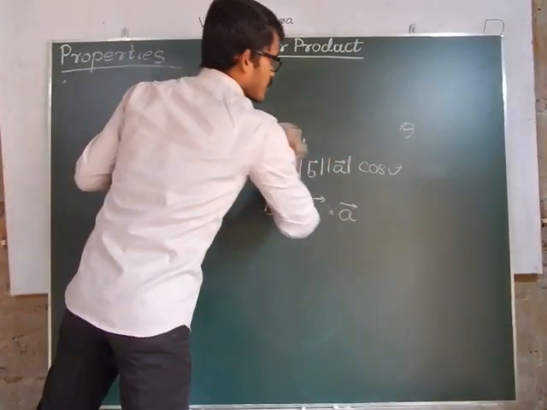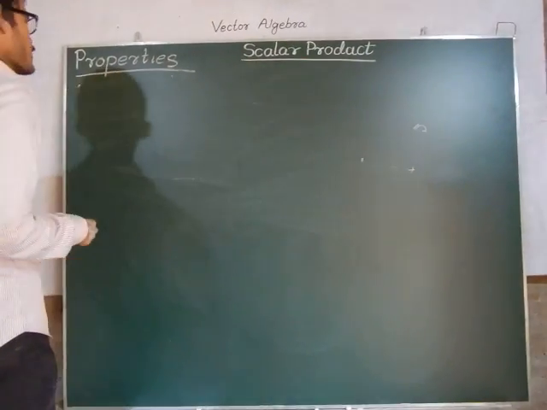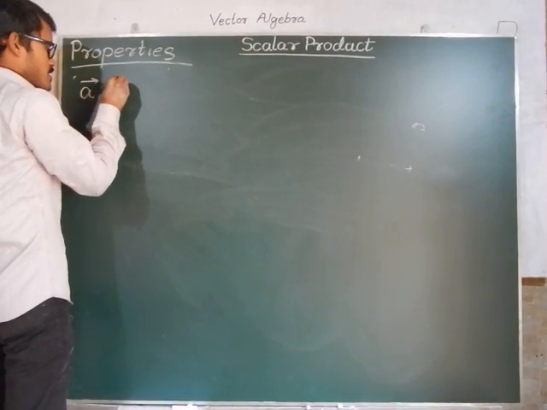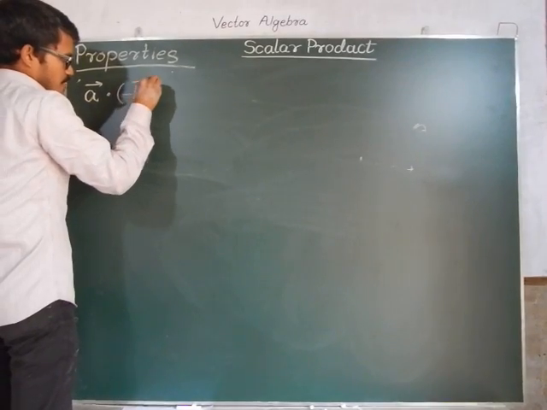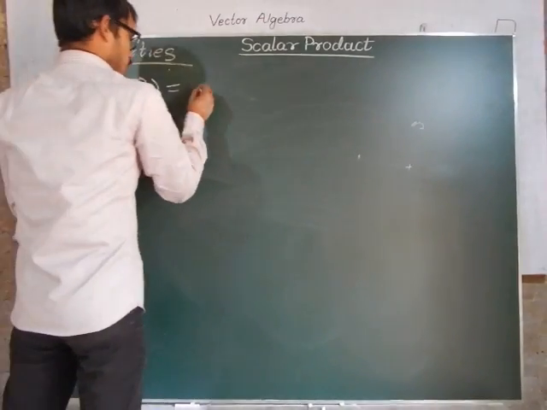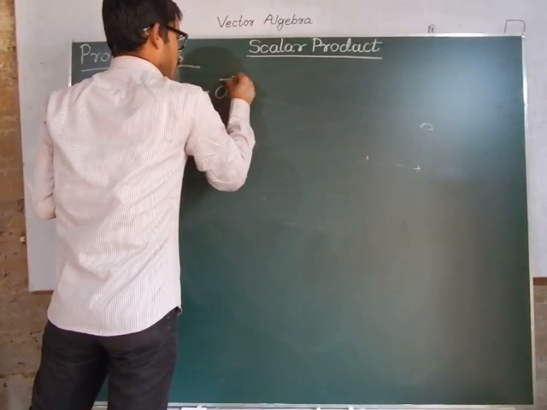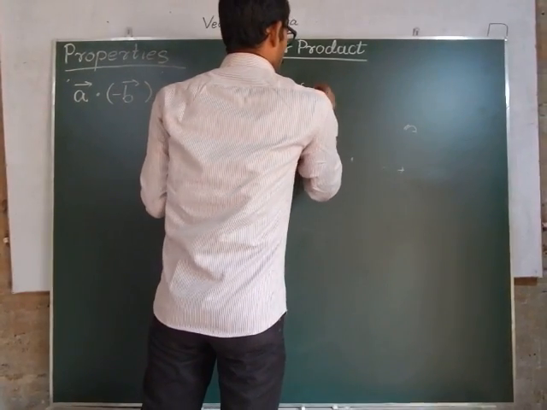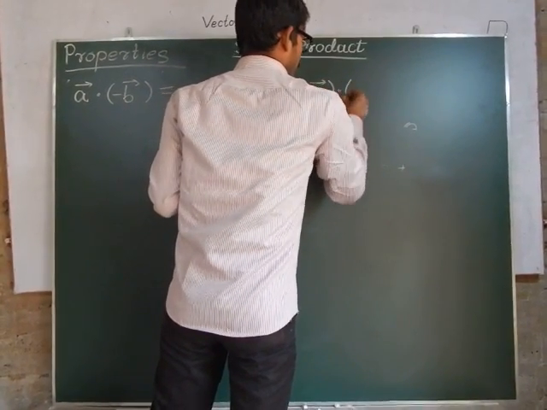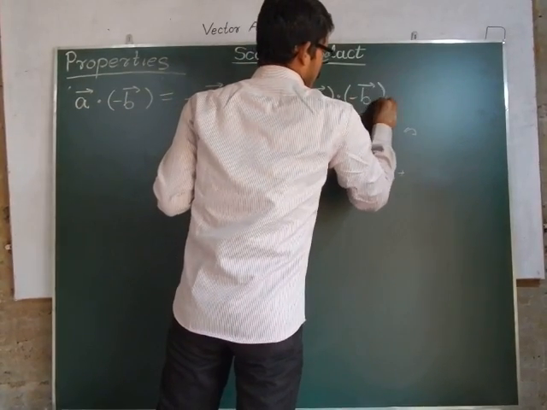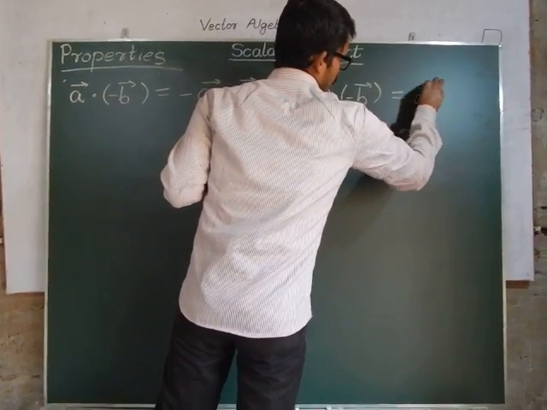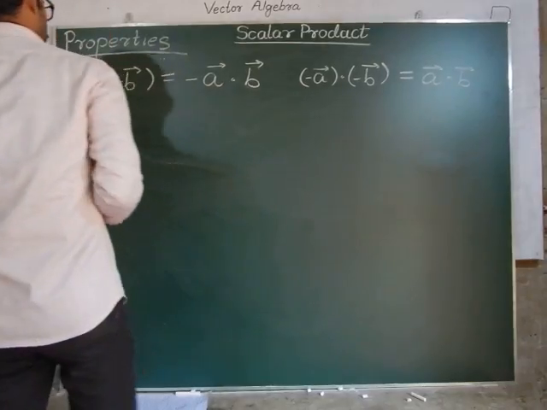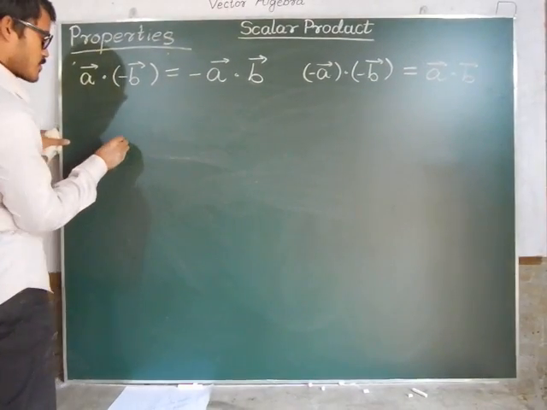Now let's discuss the second property. A dot minus B vector is equal to minus of A dot B, and minus vector A dot minus vector B is equal to A dot B. Let's prove this.